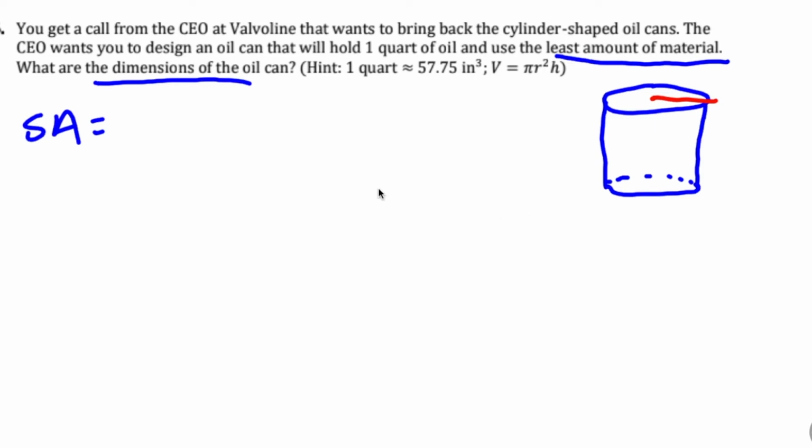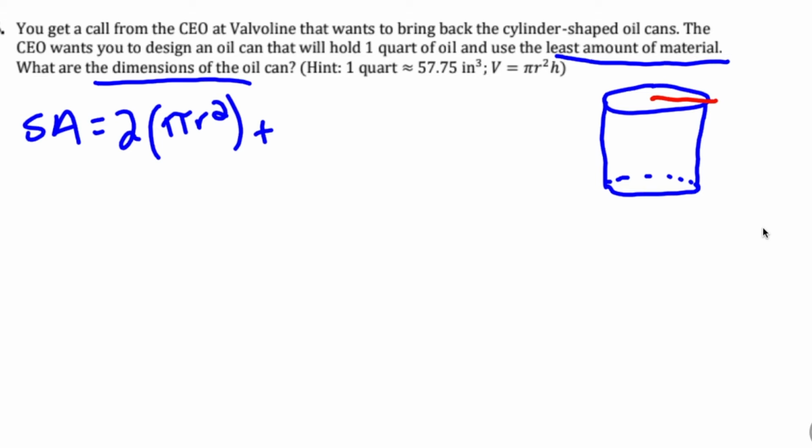So the top and bottom are the same, so we're going to multiply by 2. The formula for area of a circle is pi r squared. And then we're going to add to that the piece that connects your top and bottom, right?